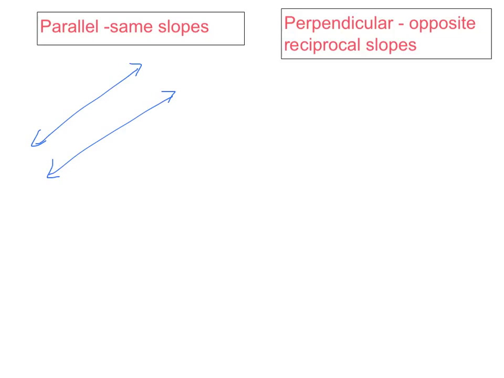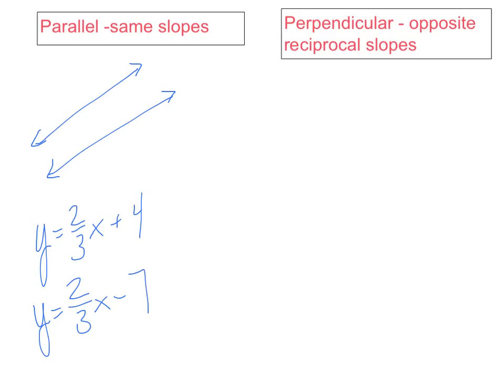So you might have an equation like y equals 2/3 x plus 4, and then another equation y equals 2/3 x minus 7. I don't care about those y-intercepts. All I'm really looking at is that those slopes are the same.